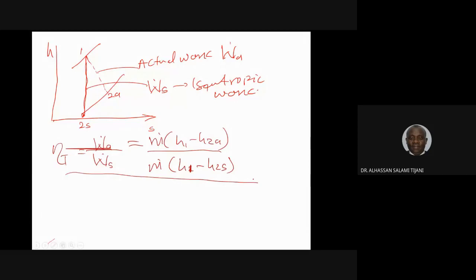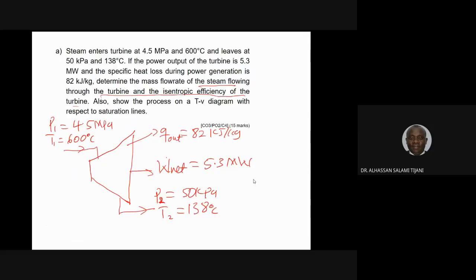But for this particular situation, there is heat loss. So we need to establish the energy balance for this turbine by including the heat loss in the equation.